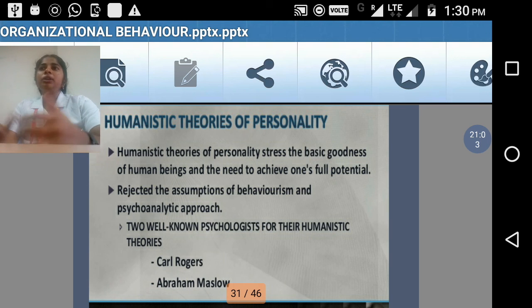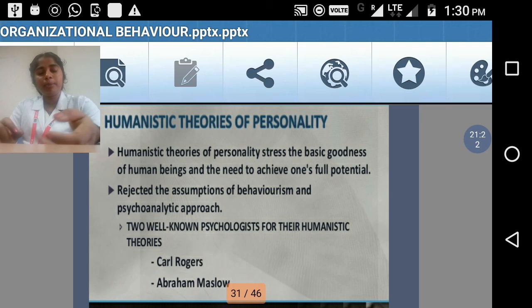Humanistic psychology is the perspective that emphasizes looking at the whole individual and stresses concepts such as free will, self-efficacy and self-actualization.